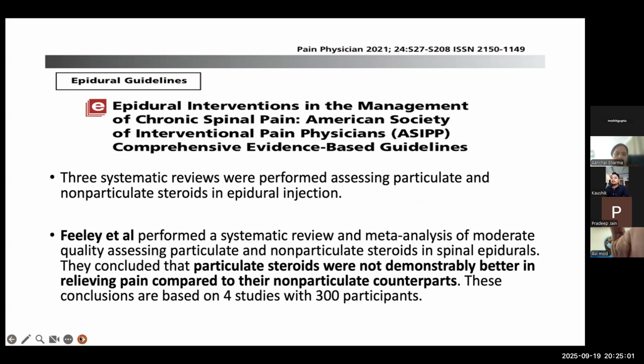This set of guidelines included 3 systematic reviews which assess particulate and non-particulate steroids in terms of efficacy and safety. Within these guidelines, Feely et al. performed a systematic review and meta-analysis, and they concluded that particulate steroids were not demonstrably better in relieving pain as compared to non-particulate steroids.